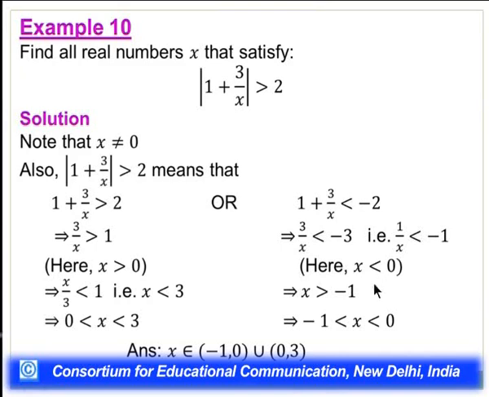And at the same time, if I take the reciprocals for this inequality, on the left hand side I'll get an x, and on the right hand side I'll still have a minus 1, but I'll have to reverse the inequality once I take reciprocals. So I get x is greater than minus 1, but at the same time x is also less than 0, so x lies between minus 1 and 0. And combining these two inequalities gives us the solution as x that lies in the interval minus 1 to 0, these are open intervals, union 0 to 3.